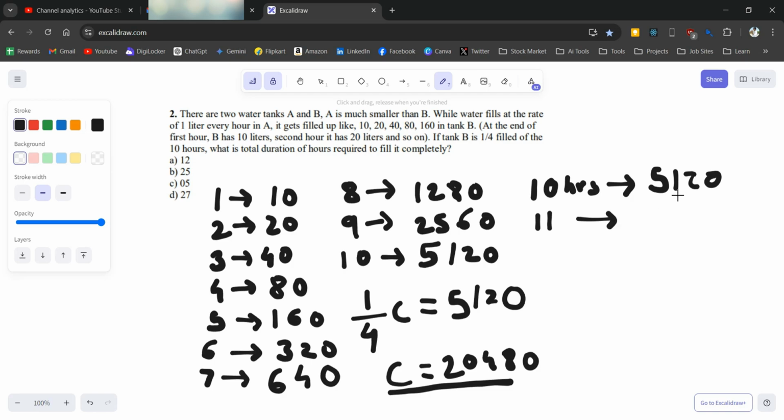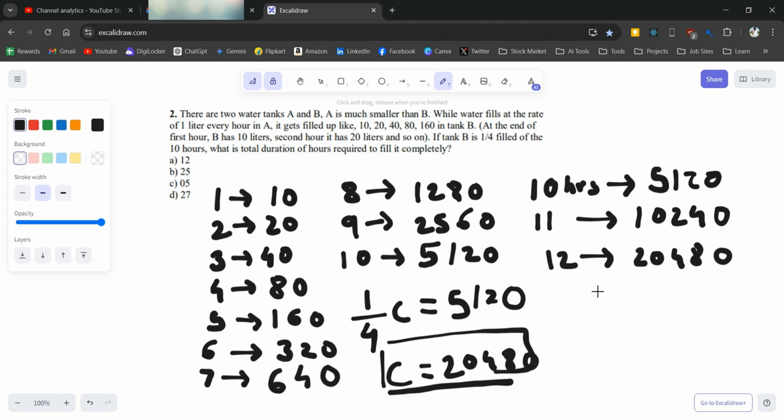So after the 11th hour, it becomes 5120 plus 5120, that is 10,240. And after the 12th hour, it will become 20480. So this matches our capacity of tank B. So the required answer is 12 hours.